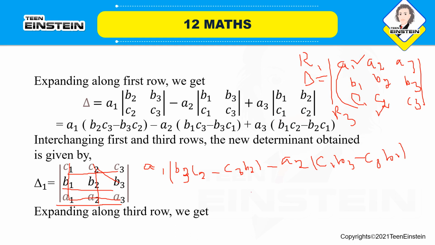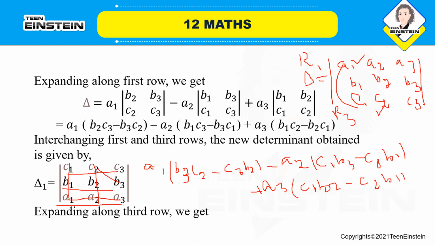The next element is A3, which is in the 33 position, so for this position we have a positive sign. If we delete the row and the column having the element A3, then you will get C1, B2 minus C2, B1 in the upward direction.